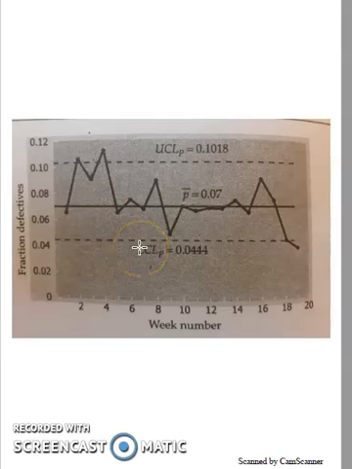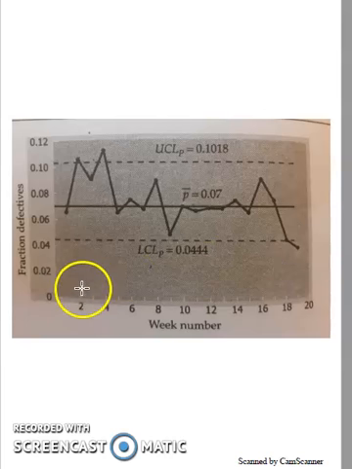Now, how to infer whether the process is in control or not? For that, you have to see whether most points are near the average line. If a point goes above the upper control limit or below the lower control limit, then we can say that the process is out of control or statistically not controlled.